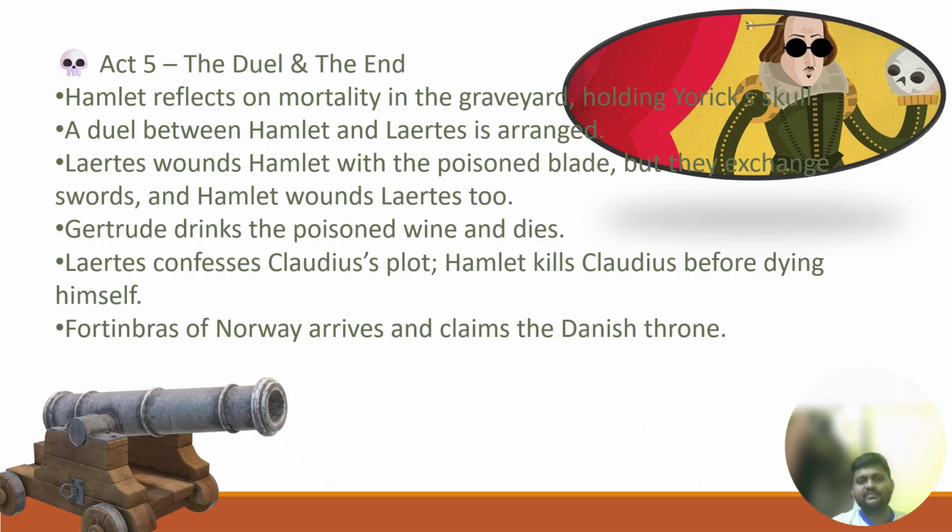Act 5 of the play reflects the death and destruction which are a common scene in a Shakespearean tragedy. A duel between Hamlet and Laertes is arranged, and Laertes injures Hamlet with the poisoned sword. But when they exchange their swords, Hamlet wounds Laertes.